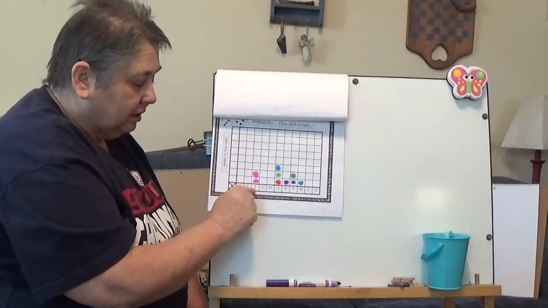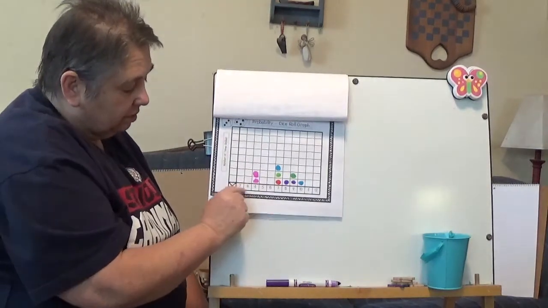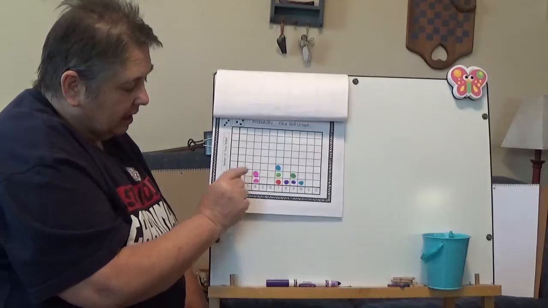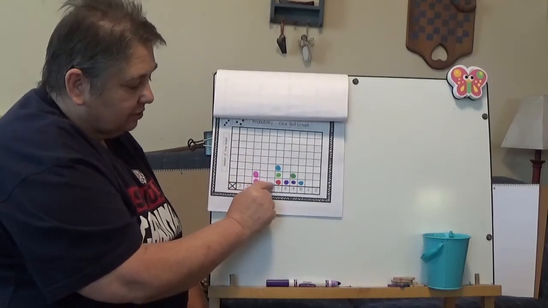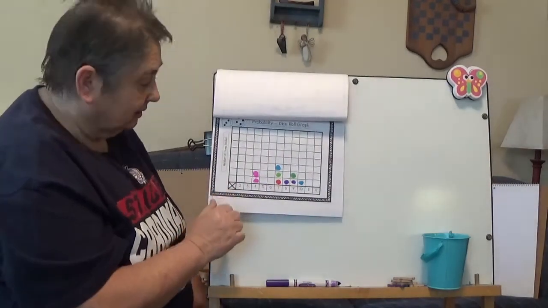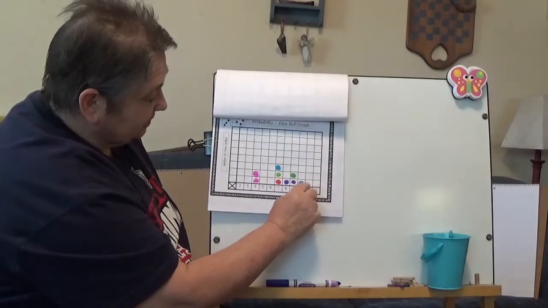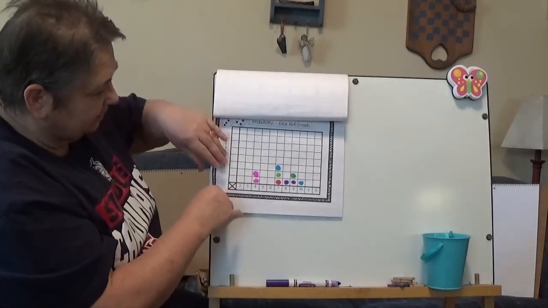So 2 has less than 4 because 2 has 0. And 4 has more than 6 because it has 2 and this one has 0. Can we say least? Not yet, because we have a tie for least, don't we? We need one that's less than everything.